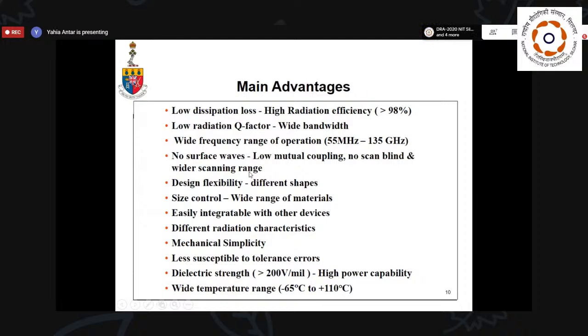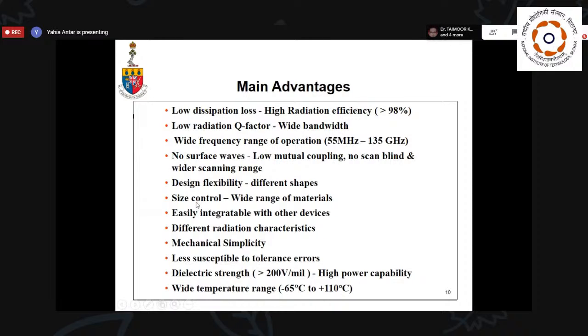Well, there are no surface waves, low mutual coupling, and you've seen some papers or some discussion about that. One big advantage, as you have seen, is the flexibility of different shapes. So you can do different shapes to do two things: to fit it with what you have, or to engineer some field configuration that will give you certain radiation properties, as you're going to see in some of the examples I'll show here.